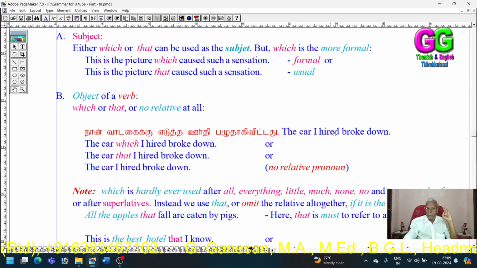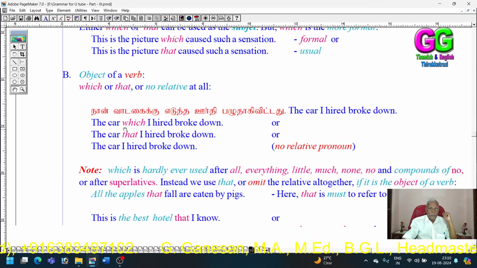The car which I hired broke down is formal English. The car that I hired broke down is informal English, mostly used in ordinary speech.